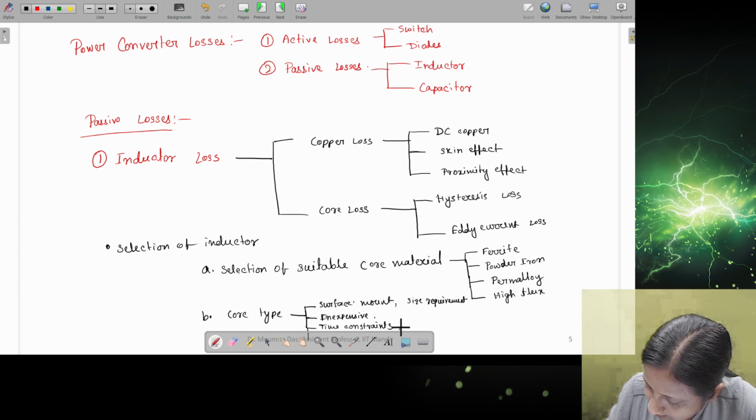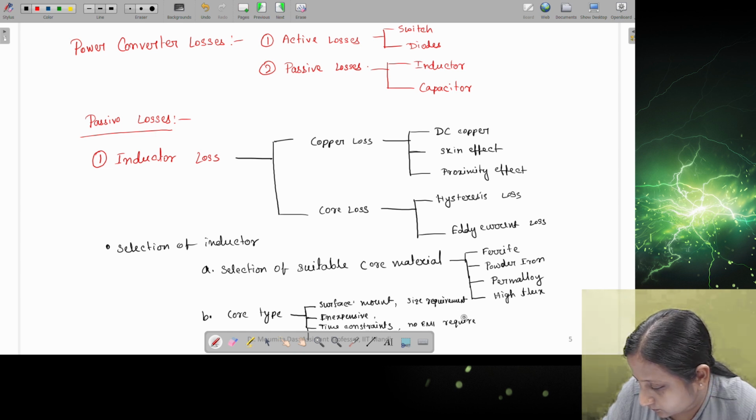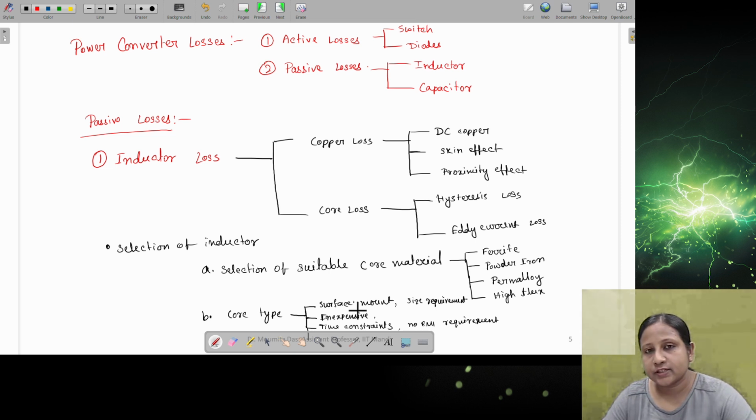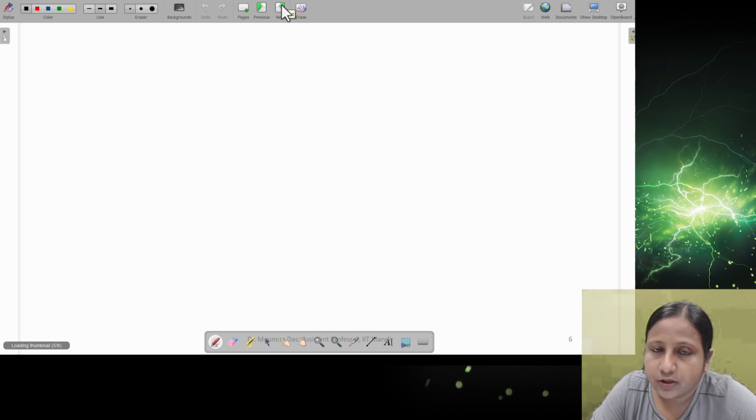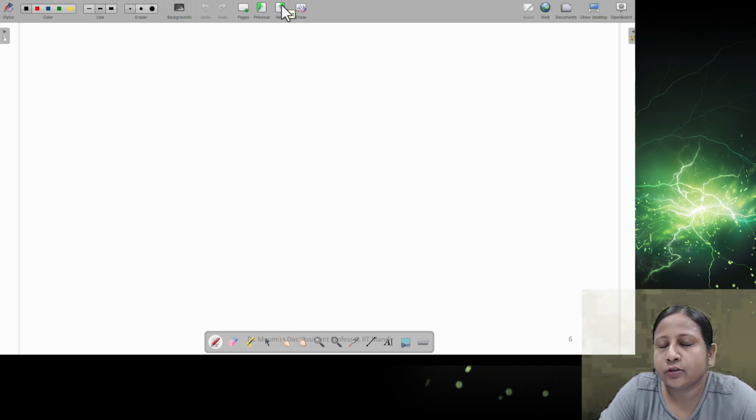Another factor is no EMI filter requirement. So these different factors you need to consider when selecting core type for achieving high power density, right?